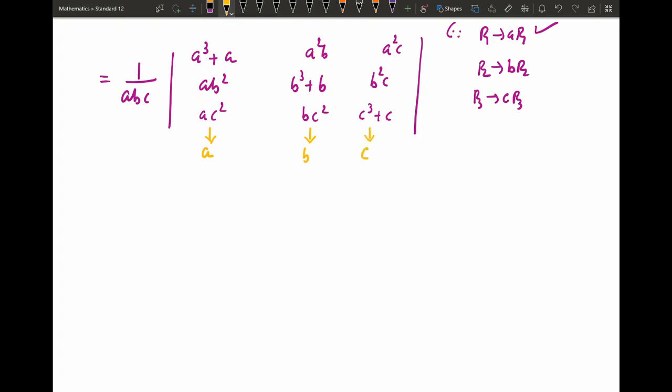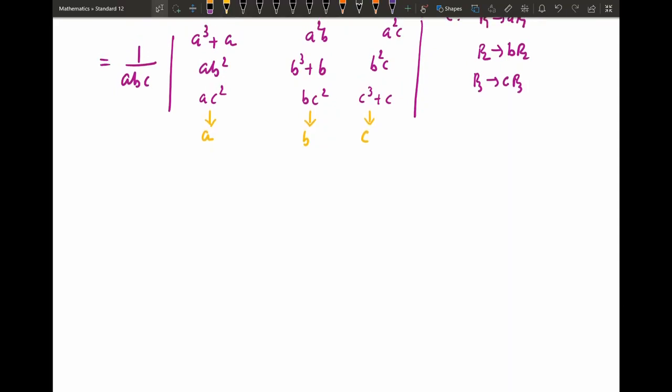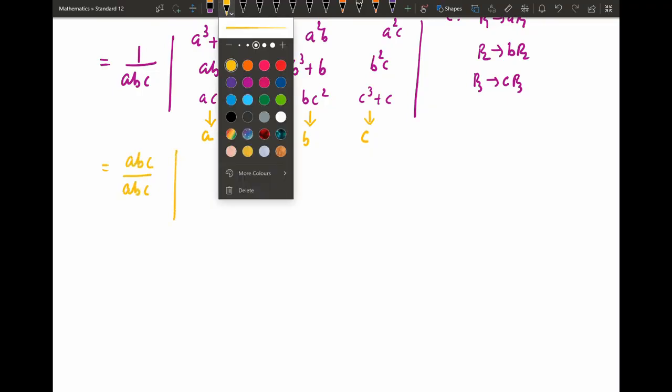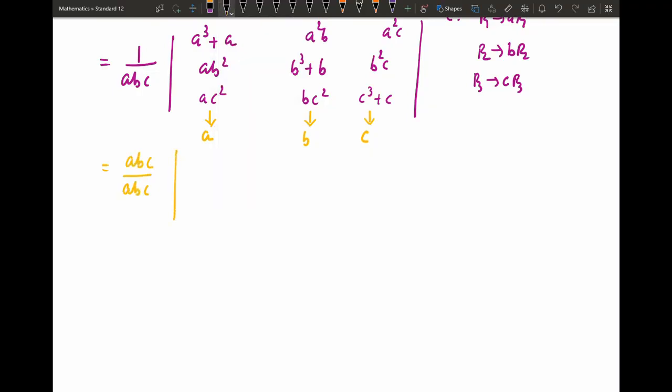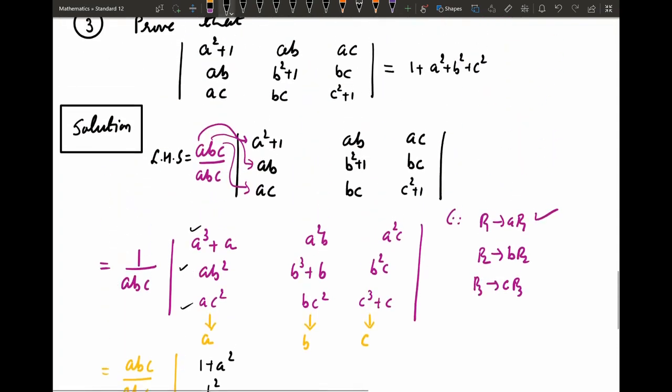So when we take ABC common from the columns respectively, then outside there will be ABC upon ABC. Each inside entry will contain squares. Here when we take A common, 1 plus a square, b square, c square, which is the entry which we want on the right hand side.